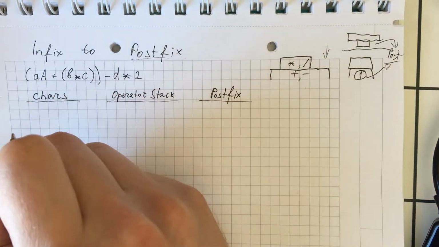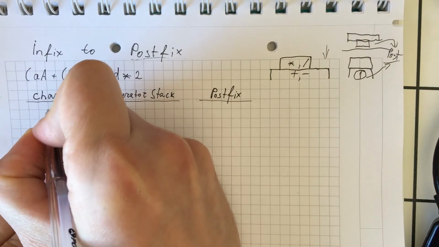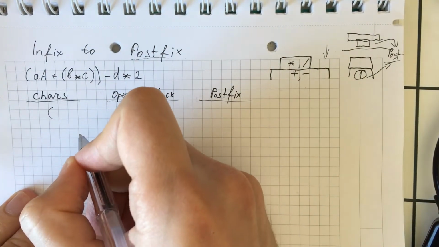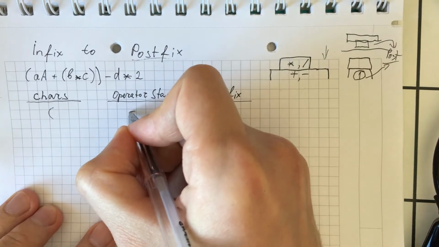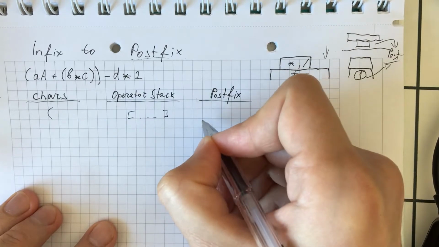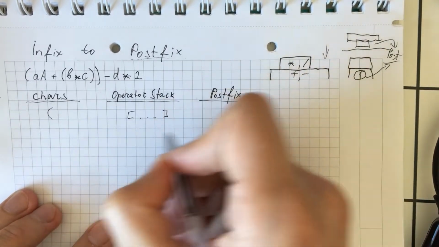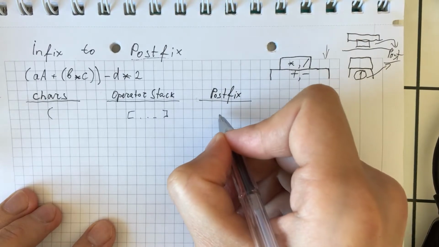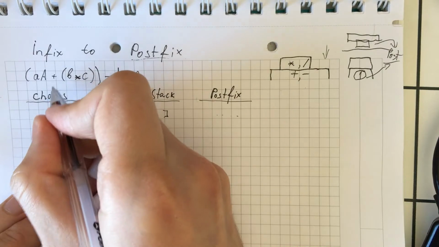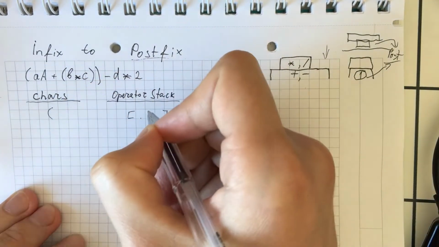So here we scan everything. There's a character. This defines an opening parenthesis, and we are with an empty stack, so an empty array of things, and we don't push anything into the postfix. So this is empty. Then we receive this. Oh no, wait.